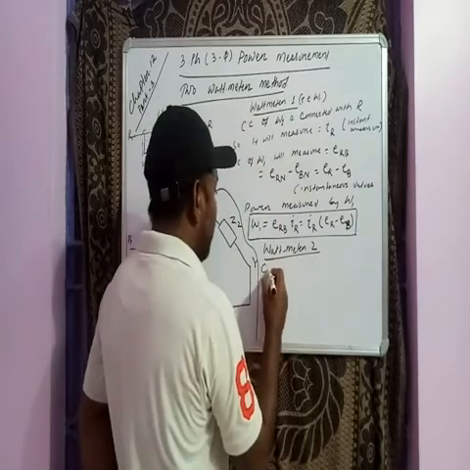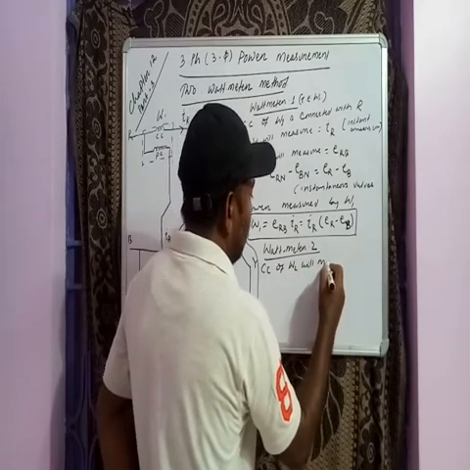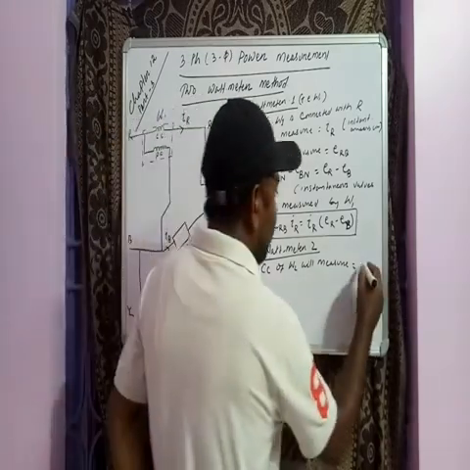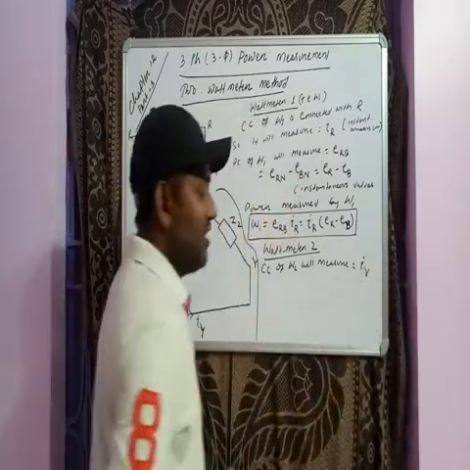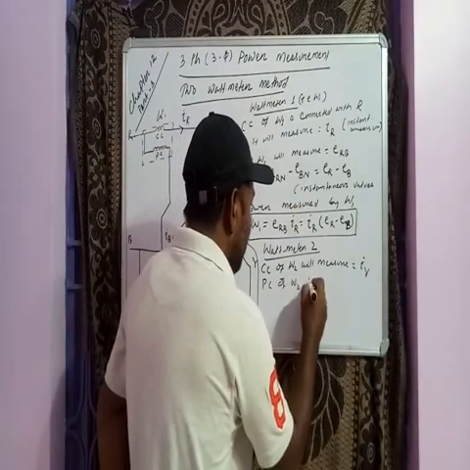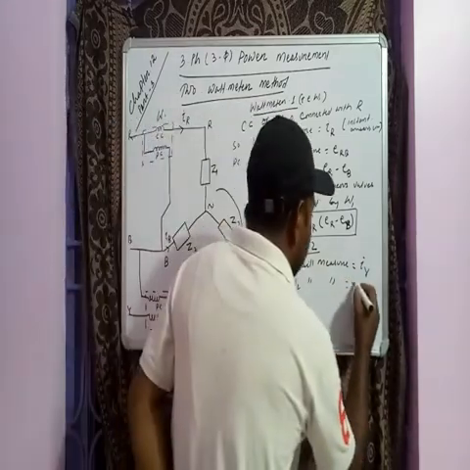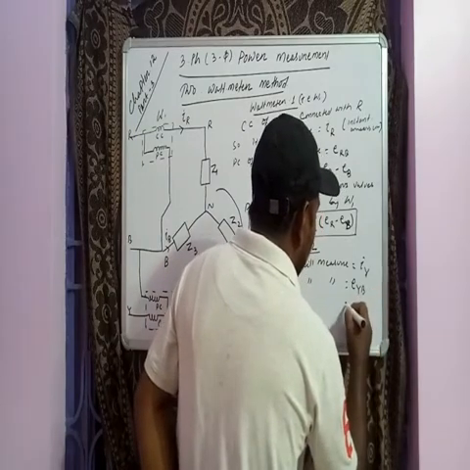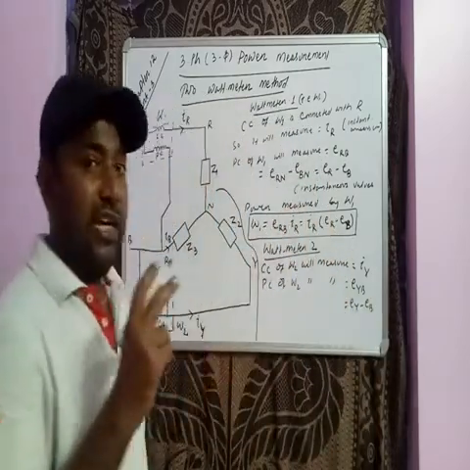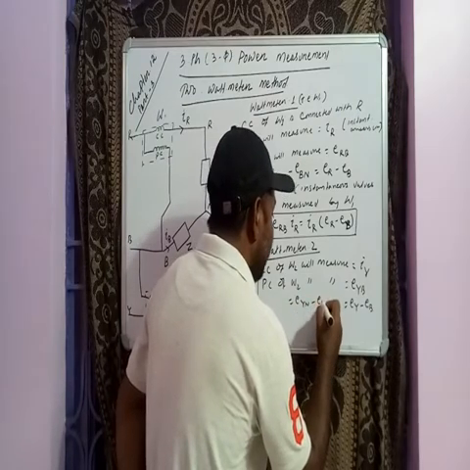Similarly, the current coil of W2 will measure which current? IY. It is also an instantaneous value. The potential coil of W2 will measure which voltage? Between YB. So it is EYB, or it is EY minus EB, that is EYN minus EBN.